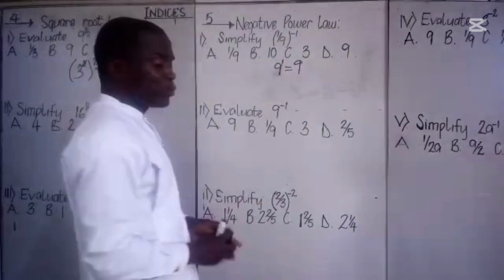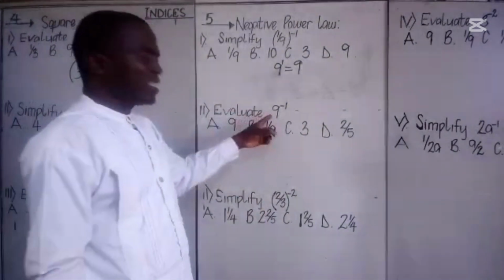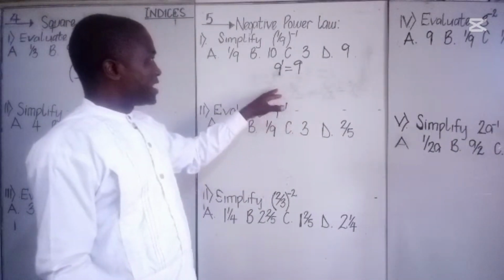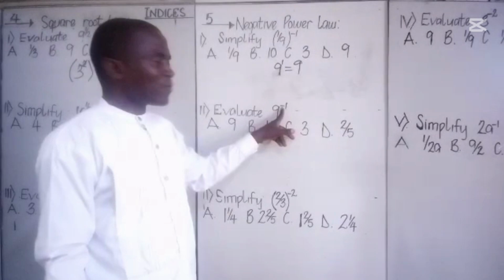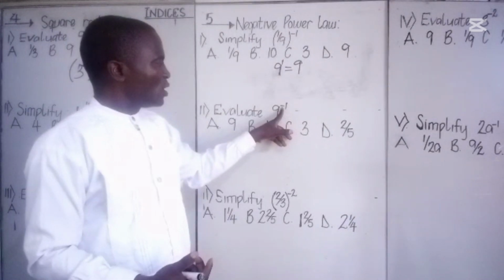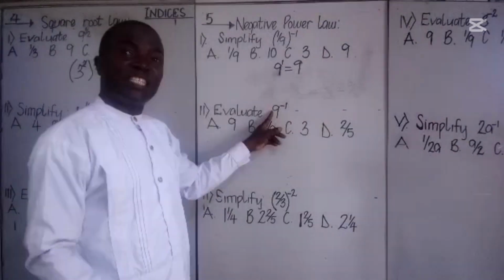Now let's look at example 2. Example 2 says evaluate 9 raised to power minus 1. Don't forget the negative power law; see the negative sign. How do you eliminate this negative? How do you cancel it? To cancel out that negative, you take the reciprocal of the 9.